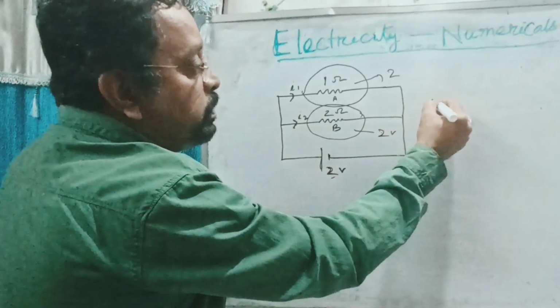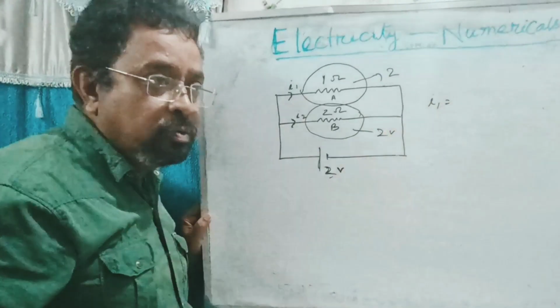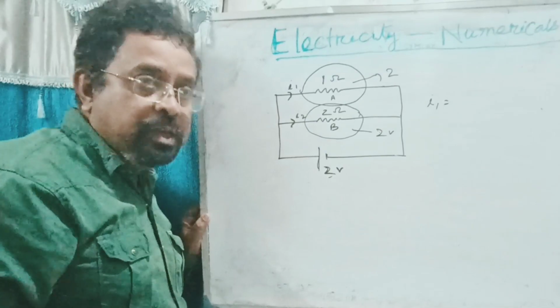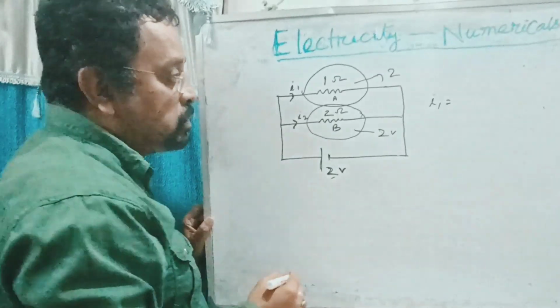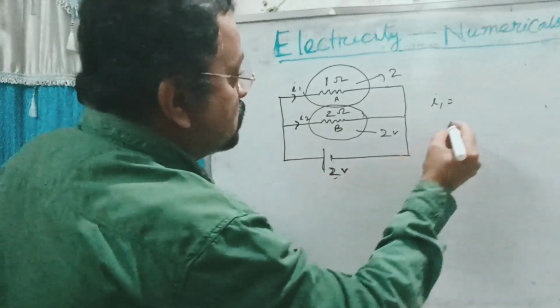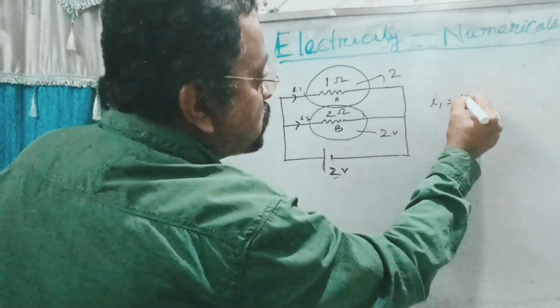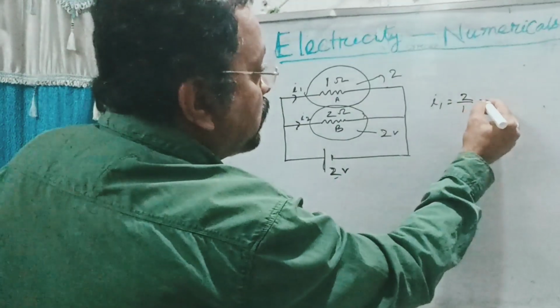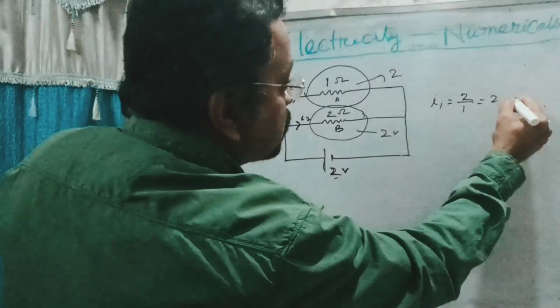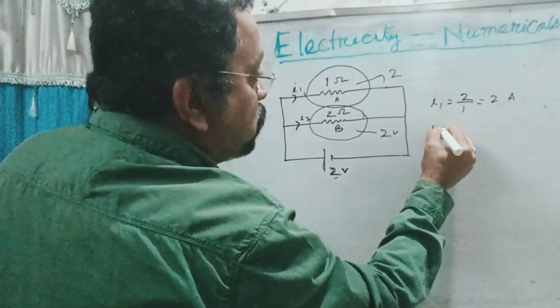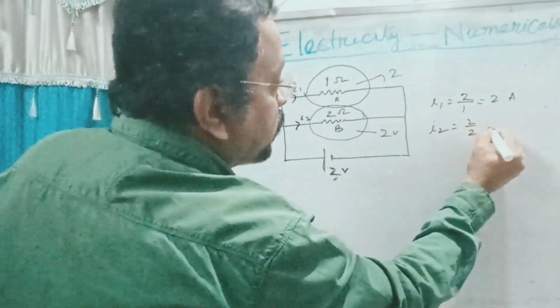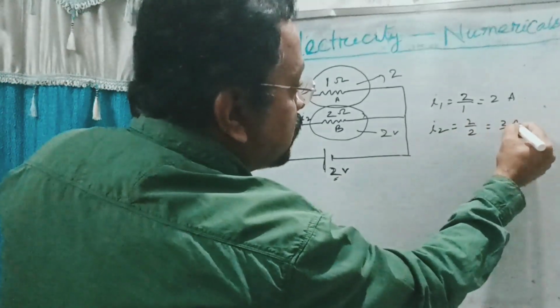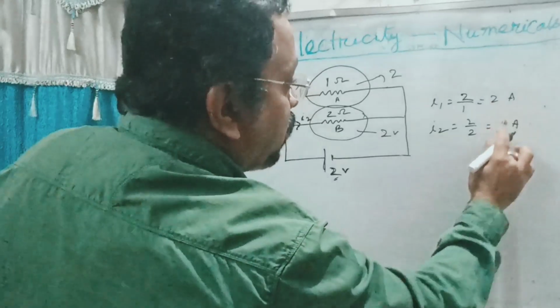So I1 is equal to, using Ohm's law, V is equal to I into R, or I is equal to V by R. So I1 is equal to 2 divided by 1, that is 2 ampere. And I2 is equal to 2 divided by 2, that is 1 ampere.